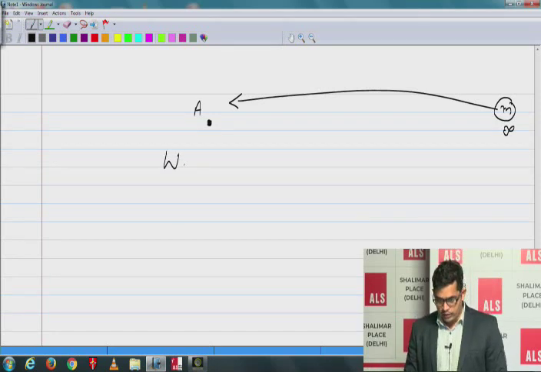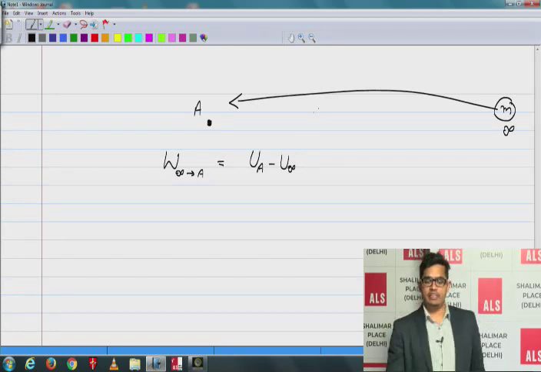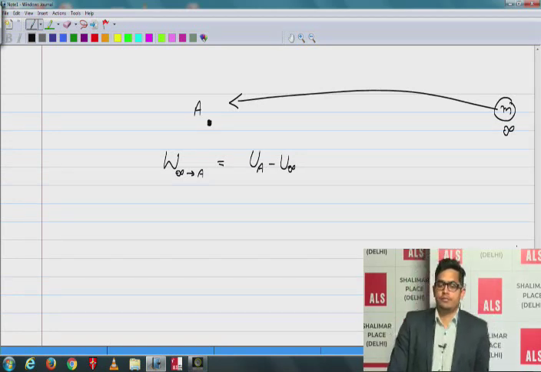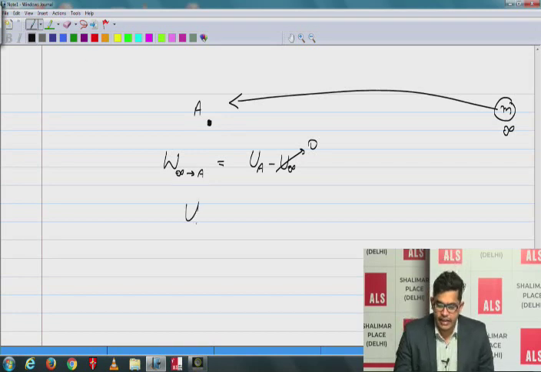So work done in moving a mass from infinity to A will be equal to the potential energy at A minus the potential energy at infinity. Is this clear? And this is zero because the potential energy at infinity is zero. So the potential energy at A is equal to the work done in moving the mass from infinity to A.